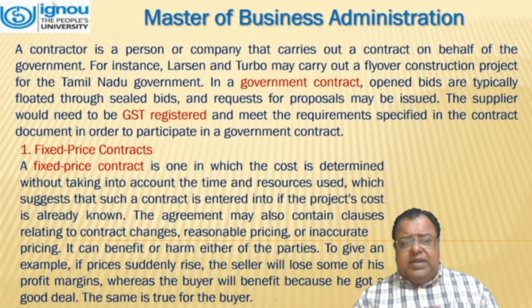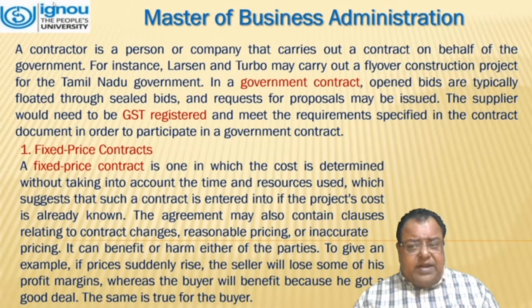A contractor is a person or company that carries out a contract on behalf of the government. For instance, Larsen and Toubro may carry out a flyover construction project for the Tamil Nadu government.